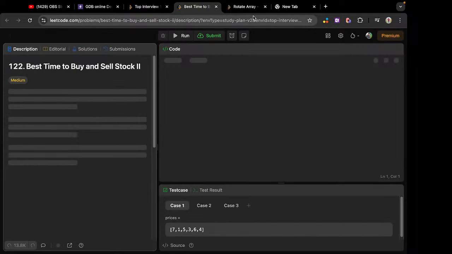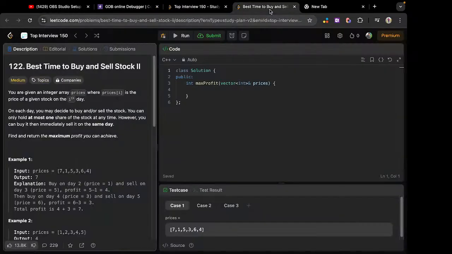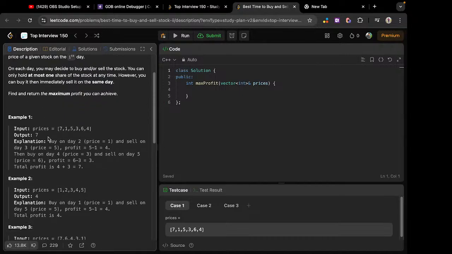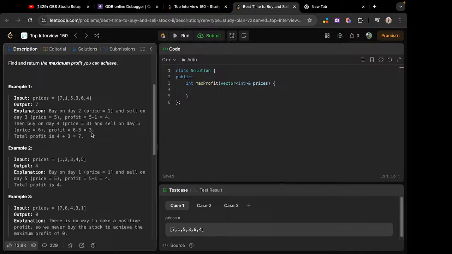Let me solve the second one. I don't know how to solve it, so maybe I'll take some help. The prices are 7, 1, 5 and so on, on the second day and the third day.